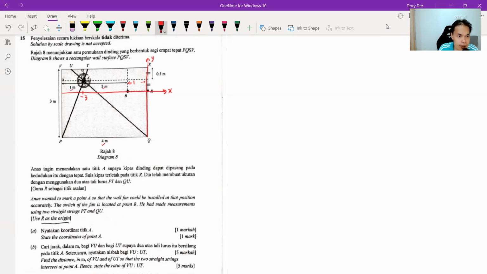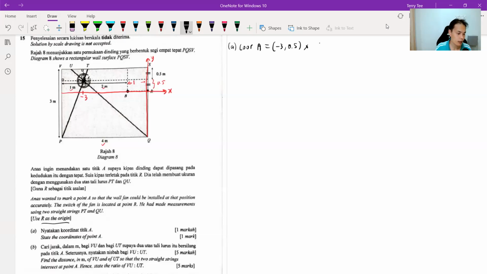You can see this is 0.5, right? 3 units to the left, 0.5 unit up. All right, so the coordinate of point A is (-3, 0.5).